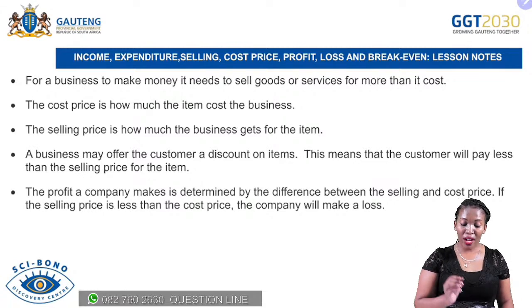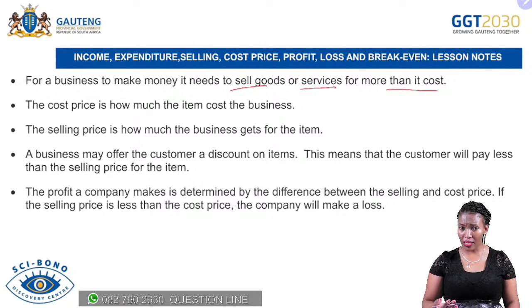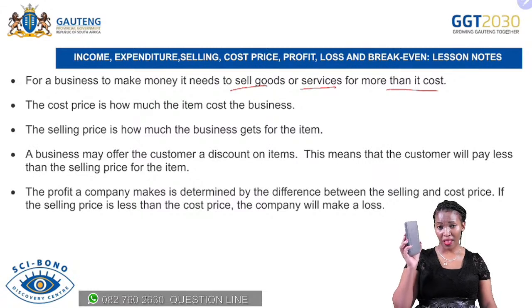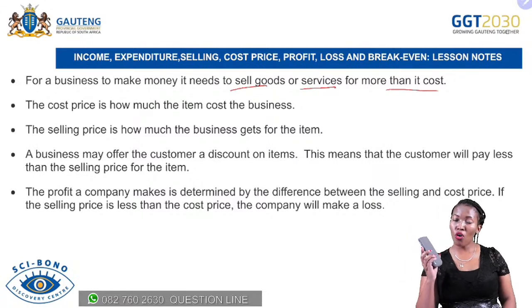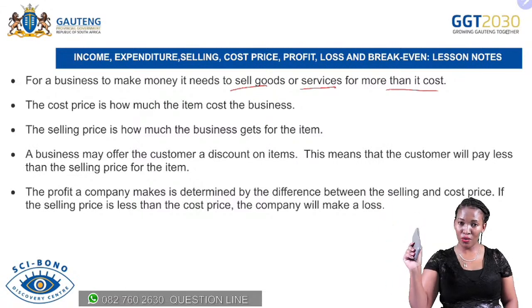So for a business to be able to make profit or to make money, it needs to sell its goods and services for more than it costs. If maybe I want to start a business of selling calculators, and then my cost is the money that I pay where I stock these calculators.